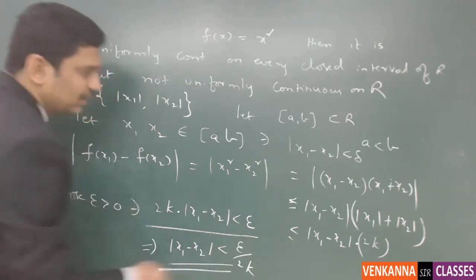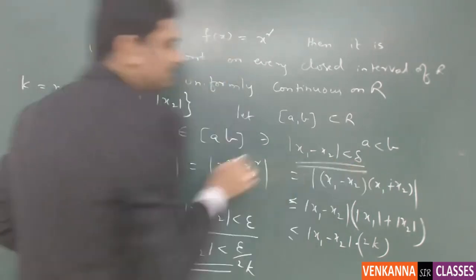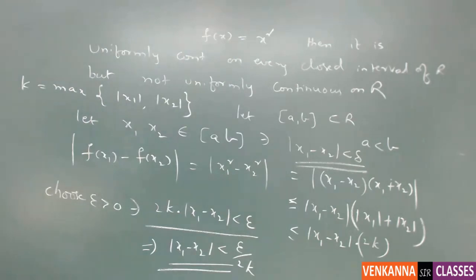So observing these two values, I say that delta is equal to epsilon by 2k. So by choosing delta is equal to epsilon by 2k, the given function is uniformly continuous on any closed subinterval of R. Fine. Is that clear to you?